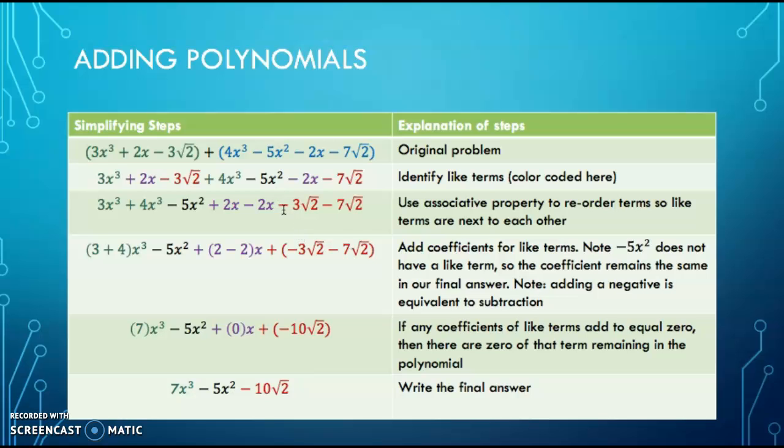And that is just simply because we are adding the coefficients, so adding a negative is equivalent to subtraction. So that is why I did that. And then when I write my final answer, I end up with this 7x cubed minus 5x squared minus 10 root 2. I wrote my answer without any parentheses and without the 0x term in there.